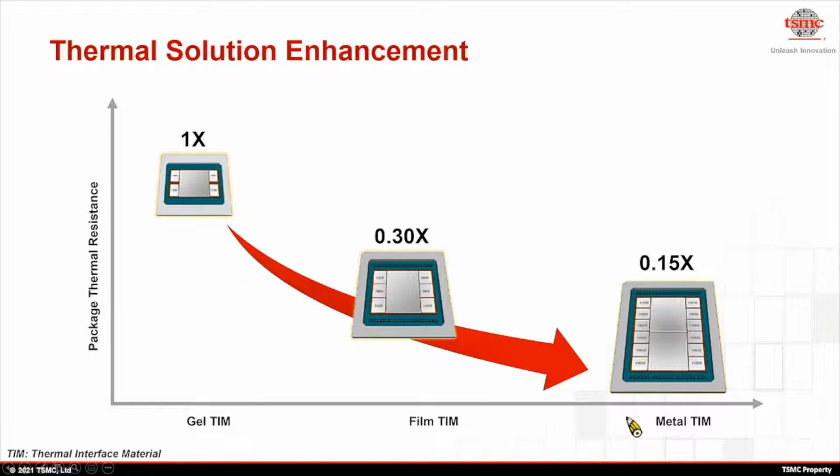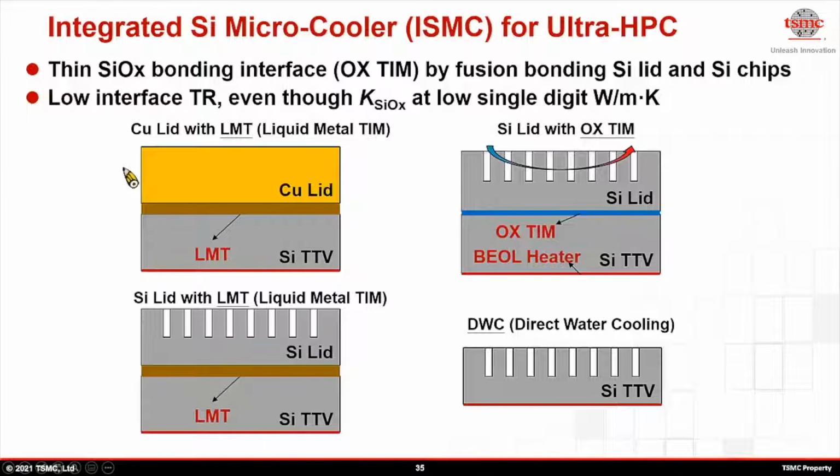However, 3D stacking is significantly more demanding in thermal solution than ever before. We need to continue to explore new and better solutions. This slide discusses the new thermal solutions we proposed that leverage our 3D Fabric technology to further drive thermal resistance lower.